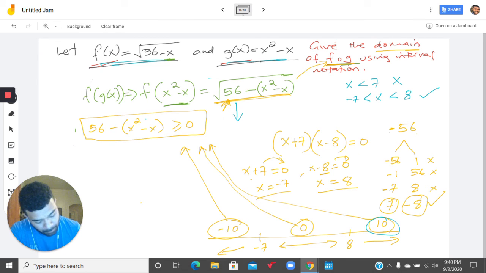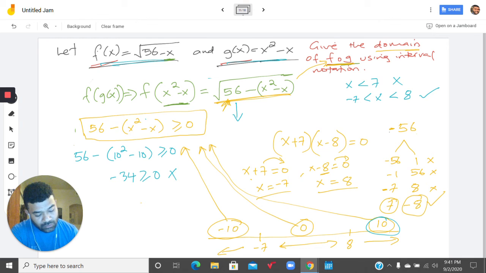So I'm gonna put the 10 in the original equation. 56 minus 10 squared minus 10 greater than or equal to 0. So we know that 10 squared is 100. 100 minus 10 is 90. 56 minus 90 is negative 34. Is negative 34 greater than or equal to 0? No, it's false. So which means x greater than 8 is false.